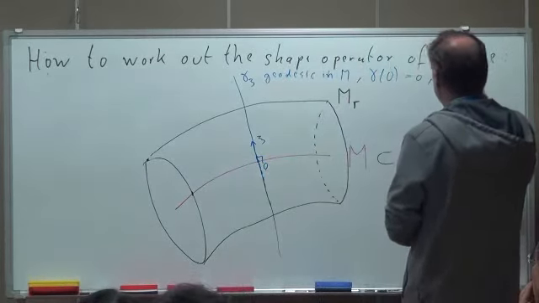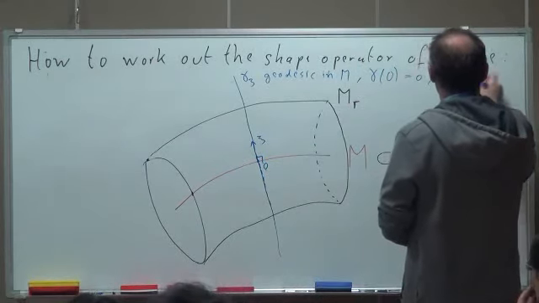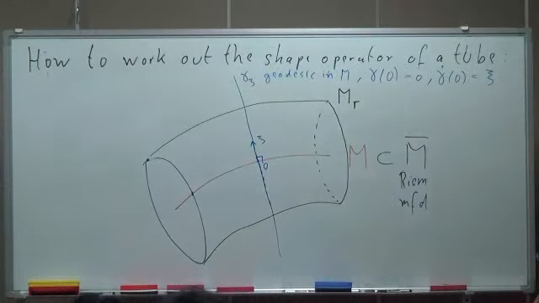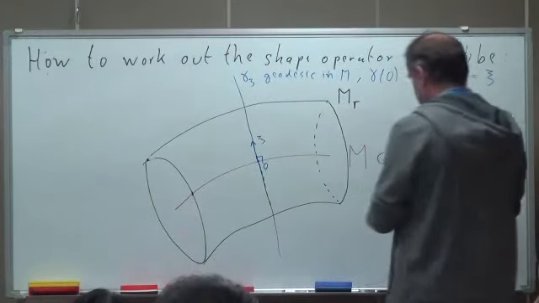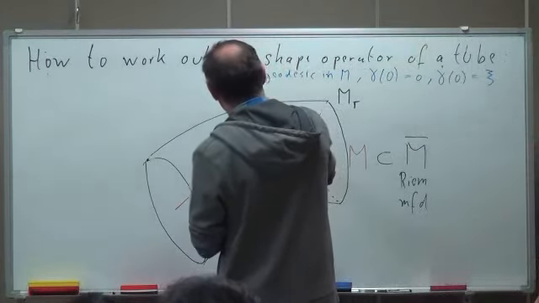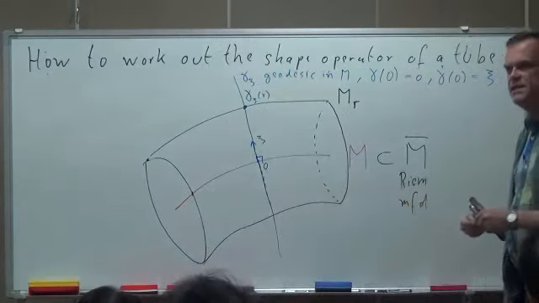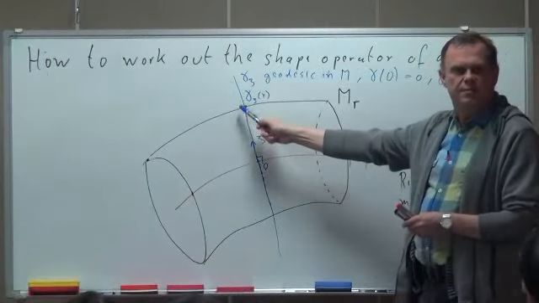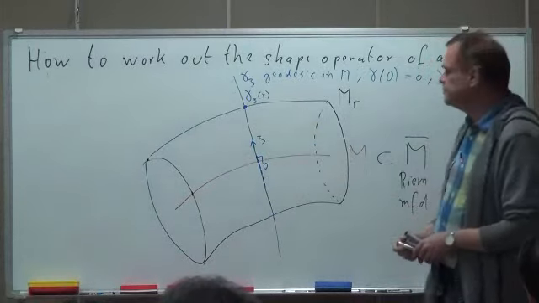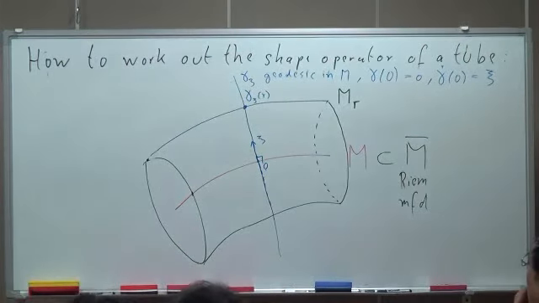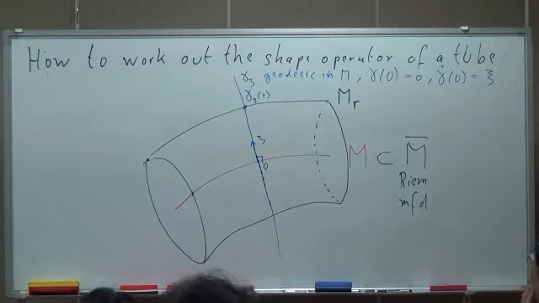The initial direction is our normal vector. Then here we've got the point gamma psi of r, and we are interested in working out the shape operator at this point. And what we need to do for this is solve a second order differential equation. It's a rather simple differential equation.